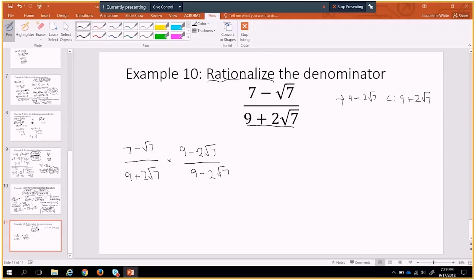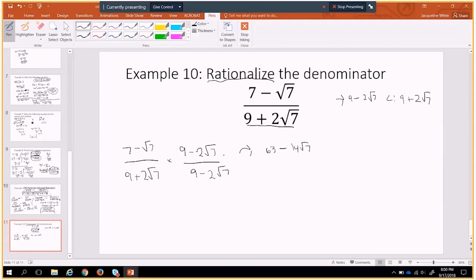Focusing on the numerator here, we have a 7 times 9. We're just FOILing it out. So it's a 7 times 9, which is 63. A 7 times minus 2 square root of 7. So we're going to just focus on the coefficients. So that's going to be a minus 14 square root of 7.